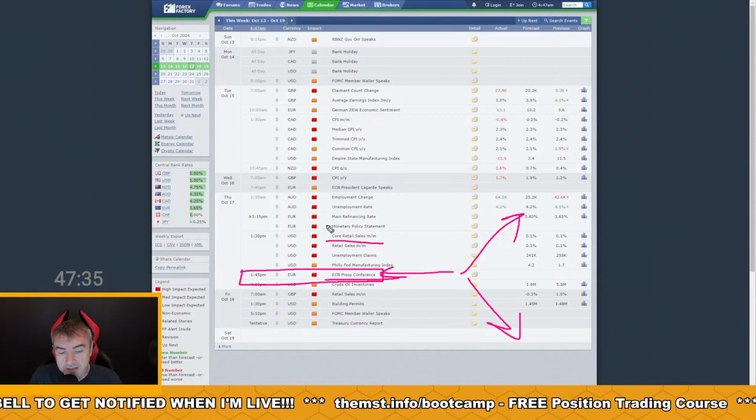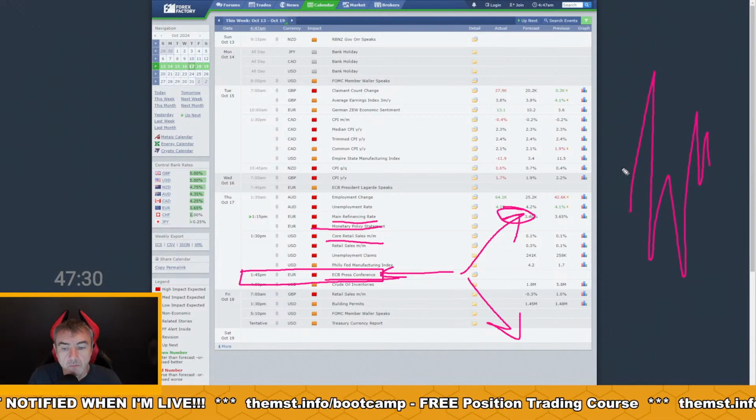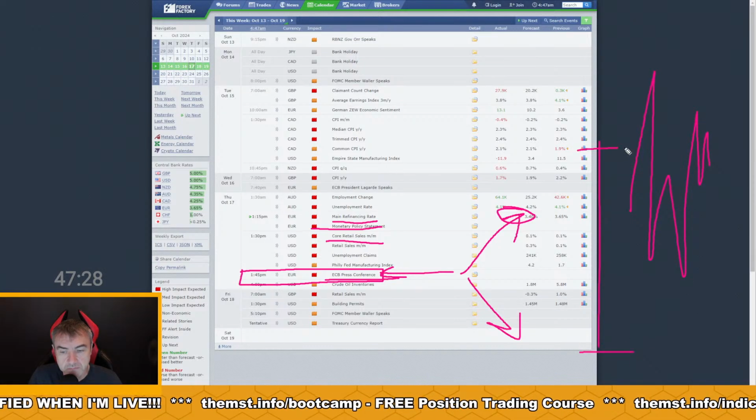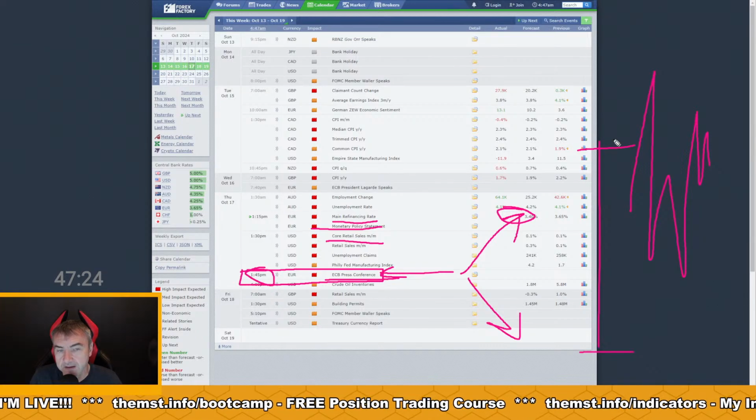So when we get the rate come out, we will probably get that usual whipsaw. We may get a sustained propulsion move for an hour, half an hour, because obviously the press conference is coming out after that.